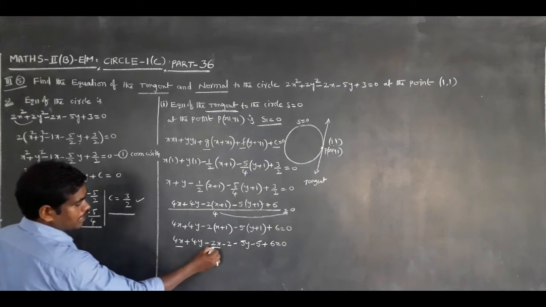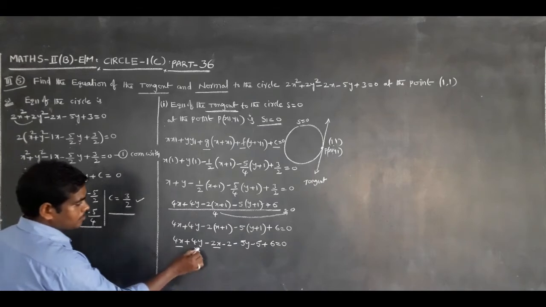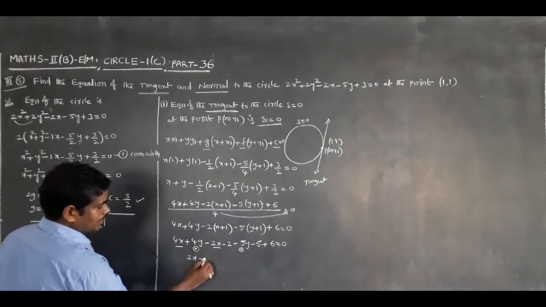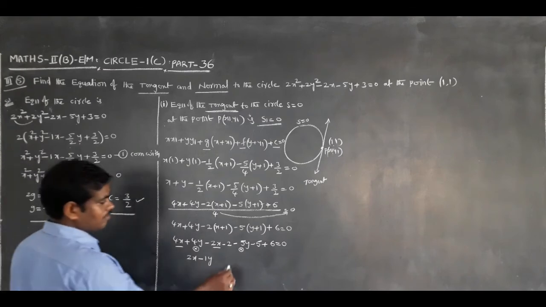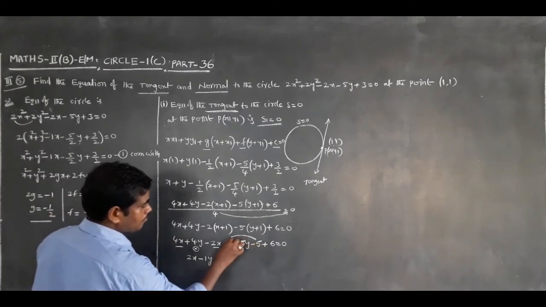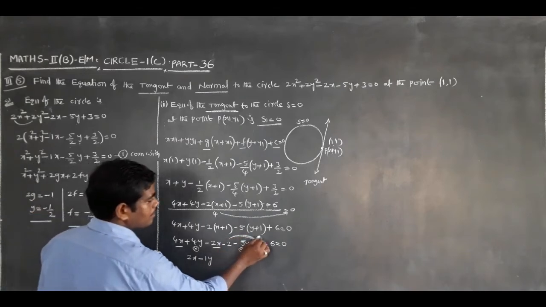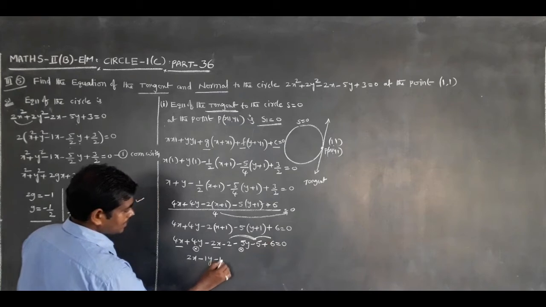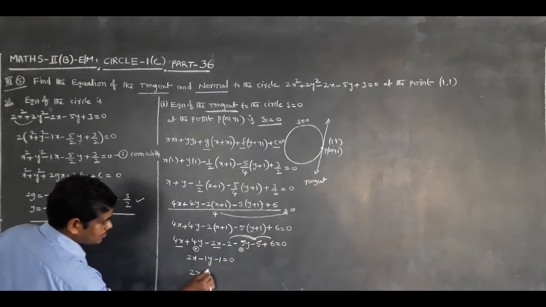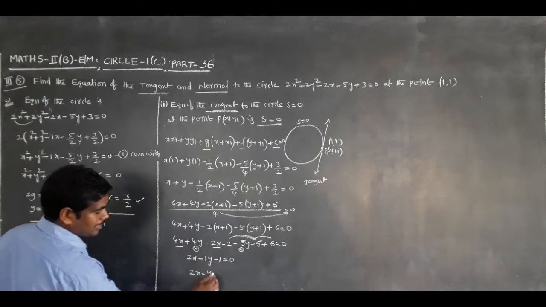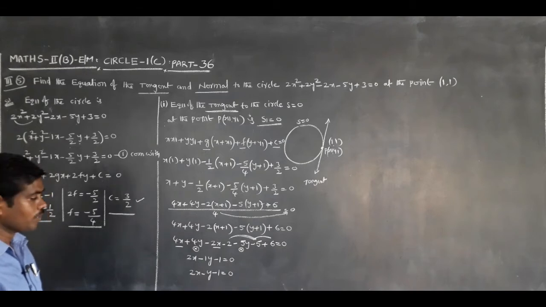4x minus 2x is 2x, plus 4y minus 5y minus 1y minus 1y, minus 2 minus 5 minus 7 plus 6 minus 1 is equal to 0. 2x minus 1 into y minus 1 is equal to 0.